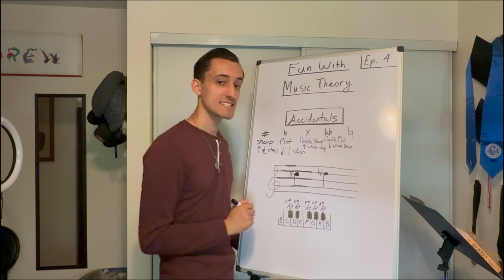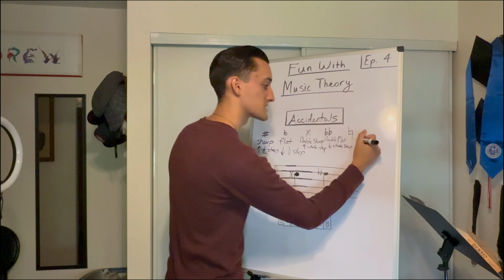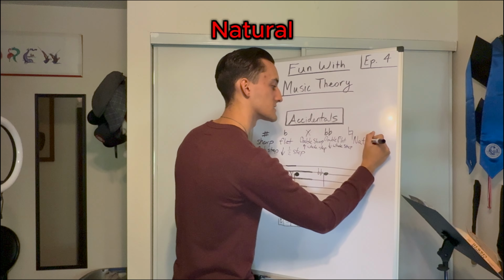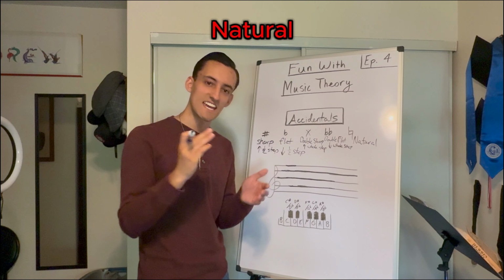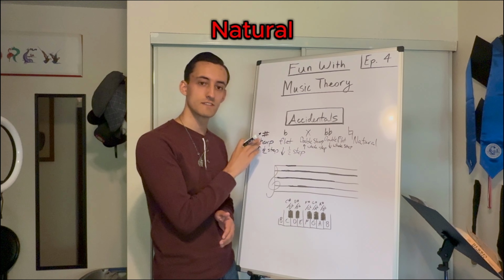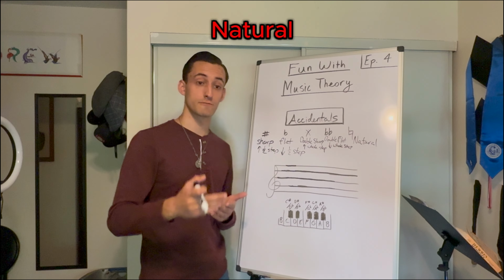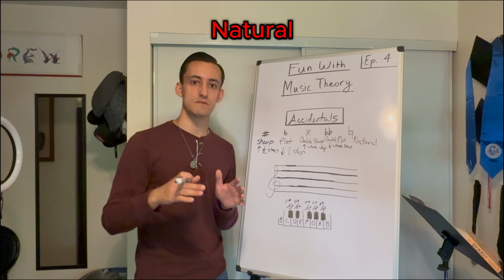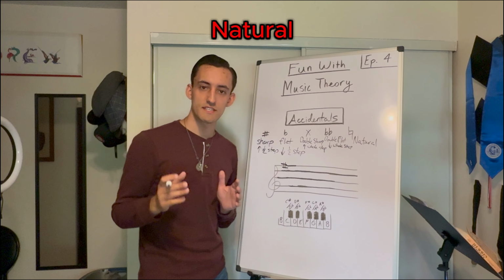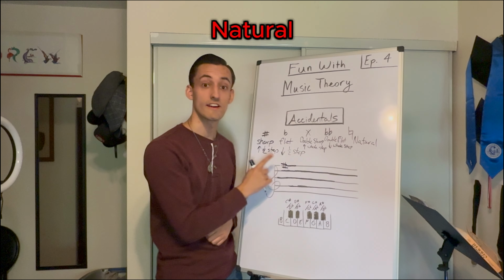Along with this last one over here that is just as frequent as sharp and flat, which is what's called the natural sign. Like so. And the natural sign cancels the effect of the sharp, flat, double sharp, or double flat. It will make any note that's supposed to be sharp or flat, like any of the black keys, turn them into their regular white note form. So let's say you're in the key of G major, which has one sharp right here, F sharp.